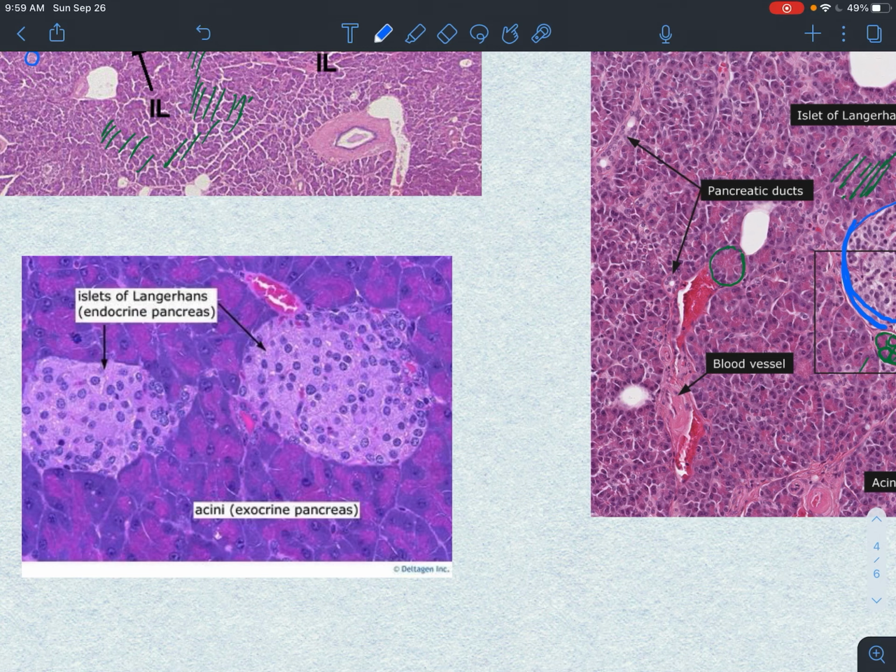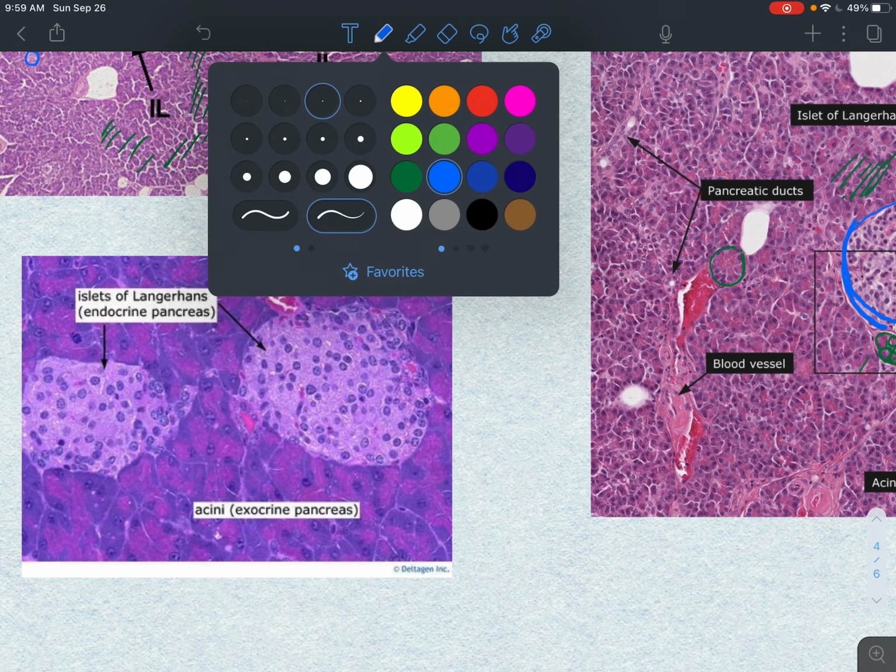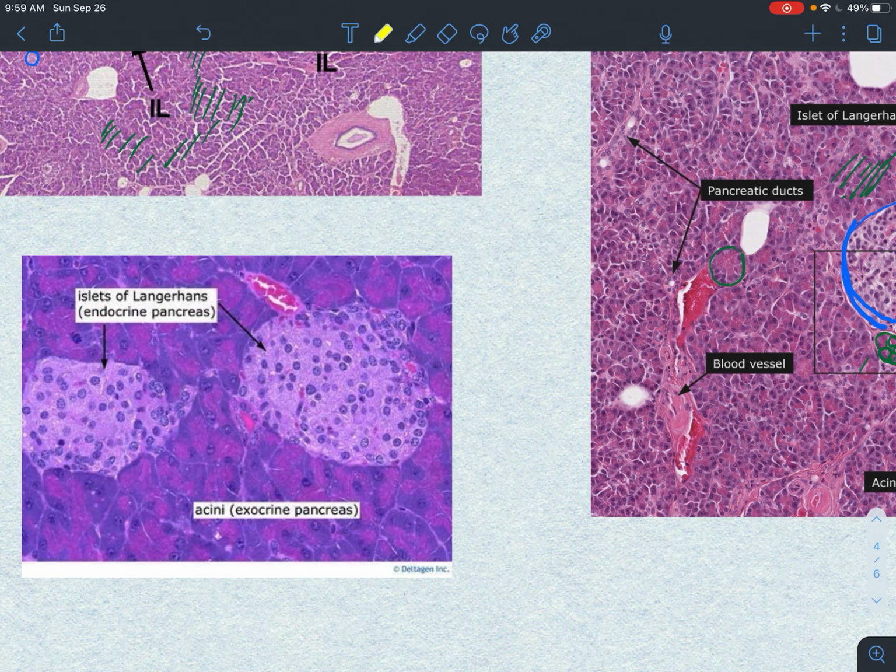And in this case, we can just consider ourselves more lucky, right? Every slide is different. Every staining is going to be a little different, so we can't always expect this type of staining. But here, right, with this very dark purple staining on the outside of the islet, right, that islet really, really stands out in this particular slide. So this is a great slide to really see that islet of Langerhans.